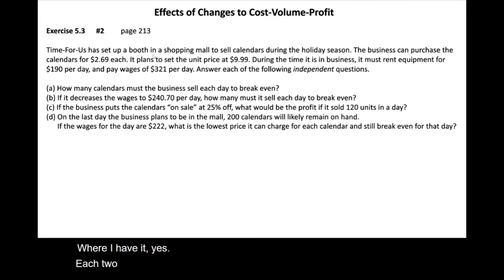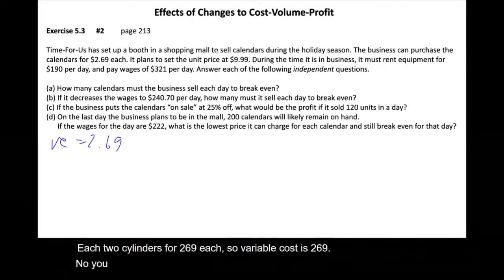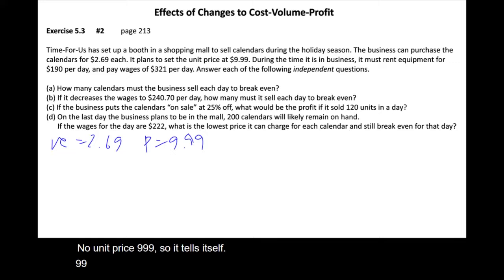Calendars for 2.69 each. So variable cost is 2.69. Now, unit price 9.99. So it tells for itself. P is 9.99.